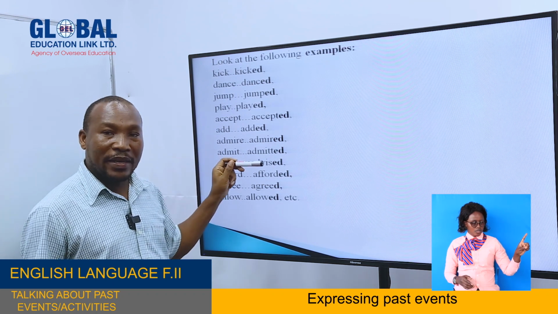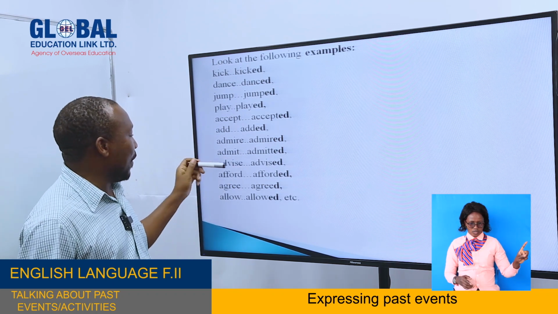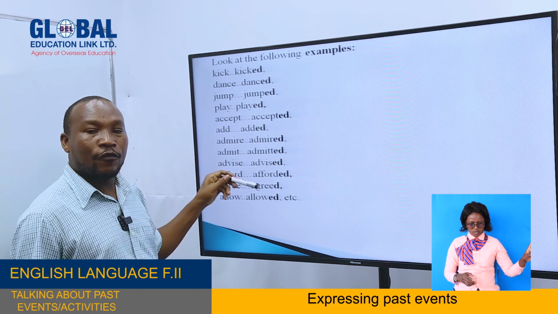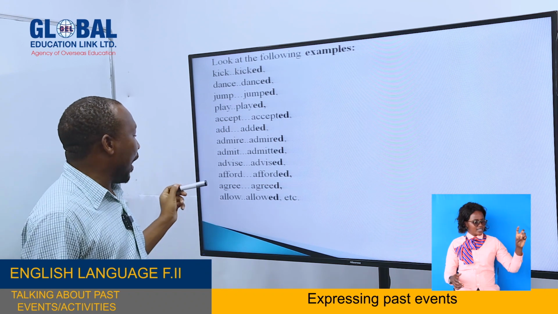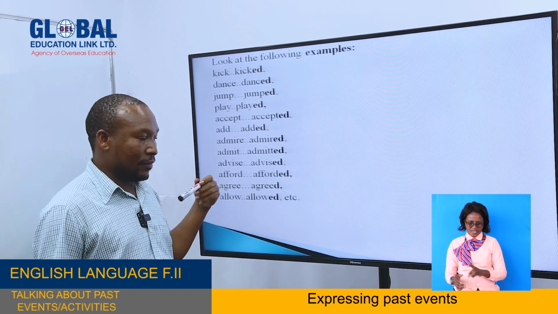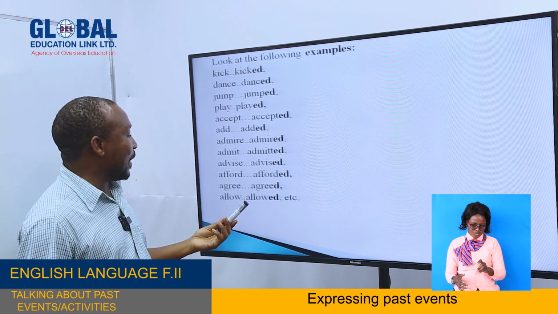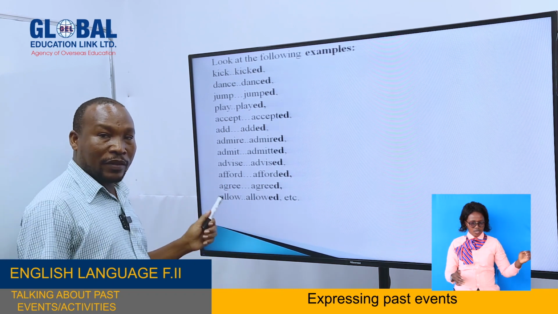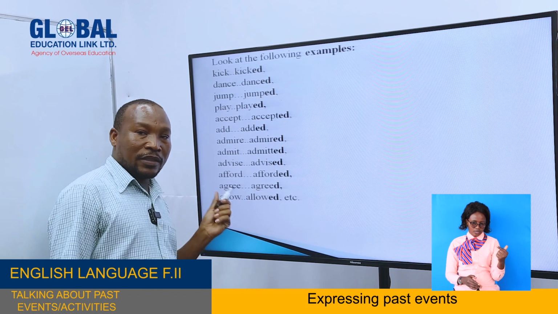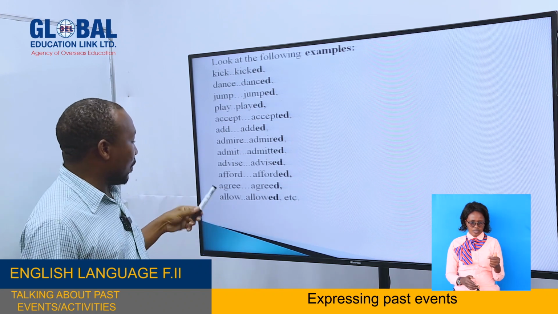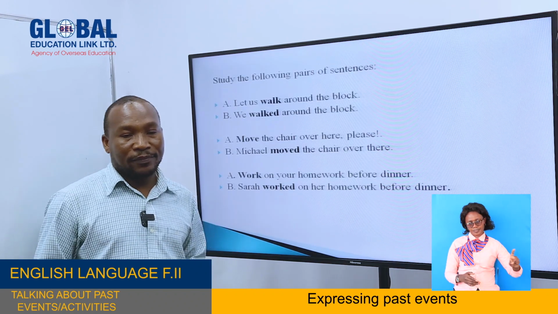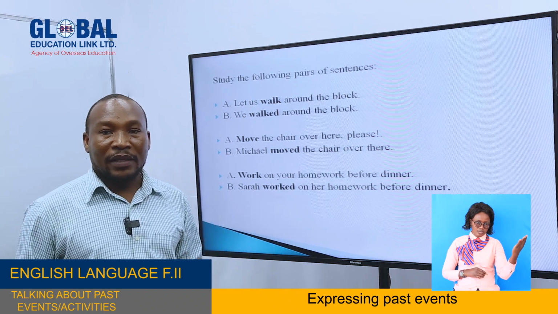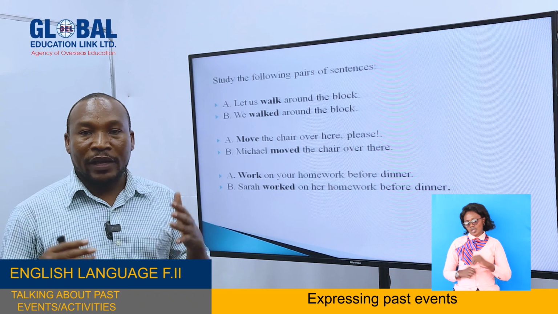Admit, admitted. Advise, advised. Afford, afforded. Agree, agreed. In agree, we have just added only d because the verb ends with 2 vowel sounds. Allow, allowed.